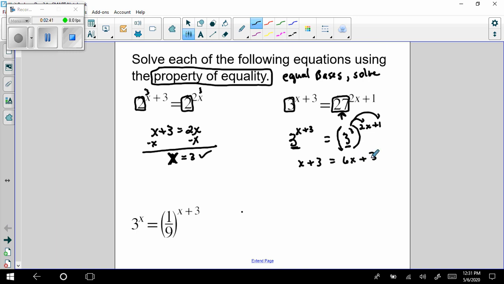If I subtract 3 from both sides, I get x equals 6x. Common sense tells me that x has to be 0, but if I subtract x from both sides, I get 0 equals 5x. So x is 0.